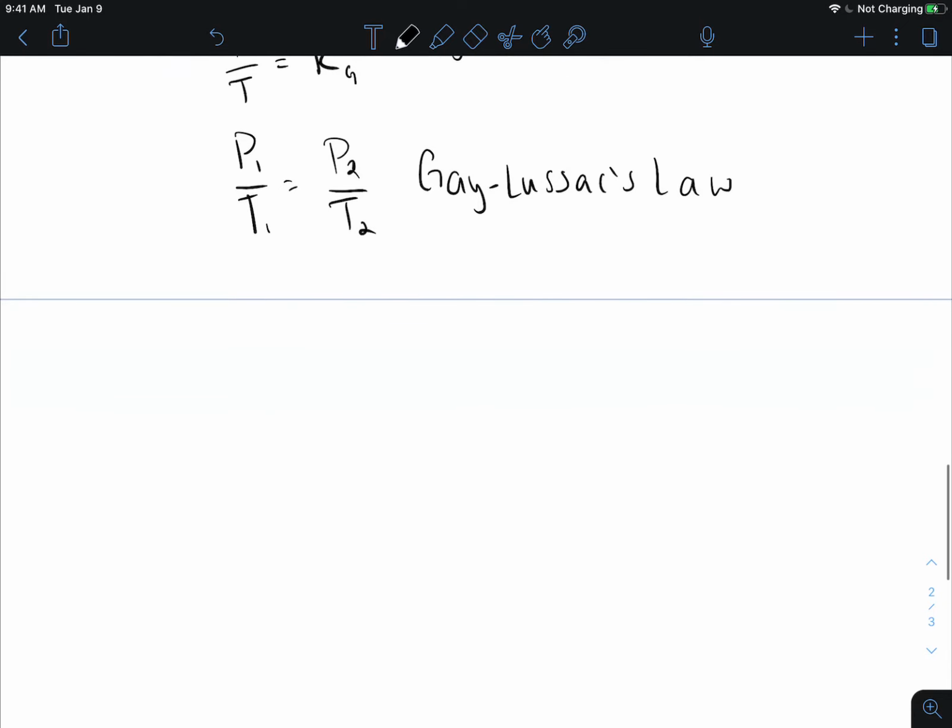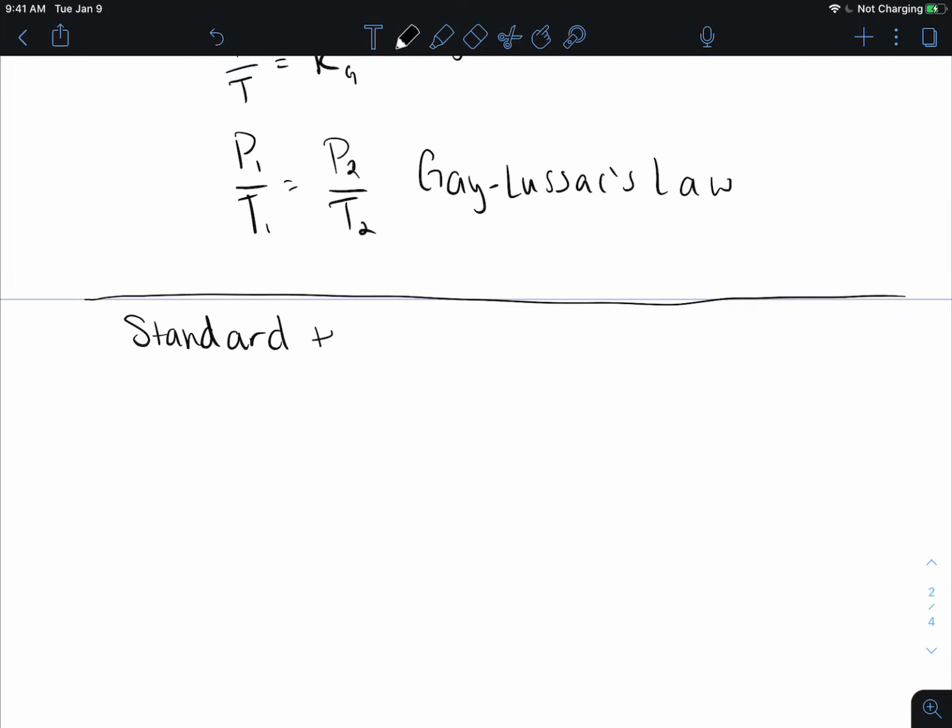Okay, so we're going to pause for just a second from talking about gas laws to talking about something important in gas laws, which is standard temperature and pressure.